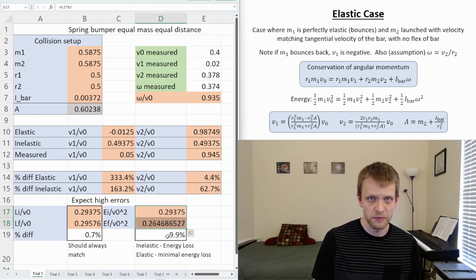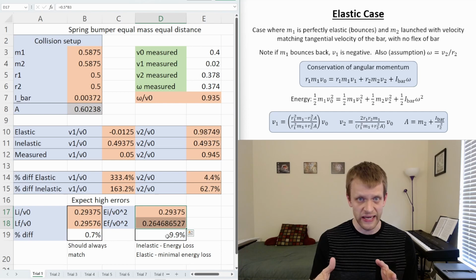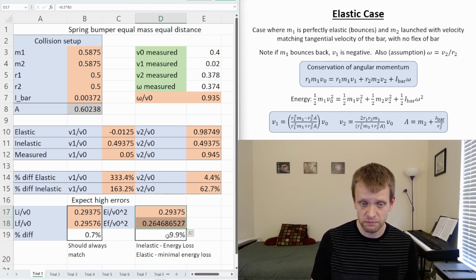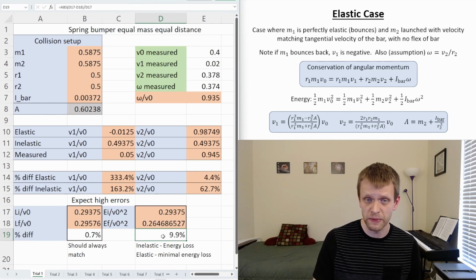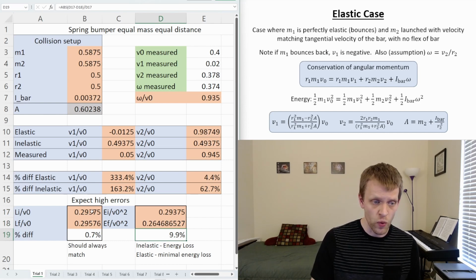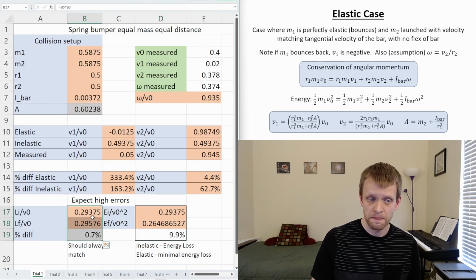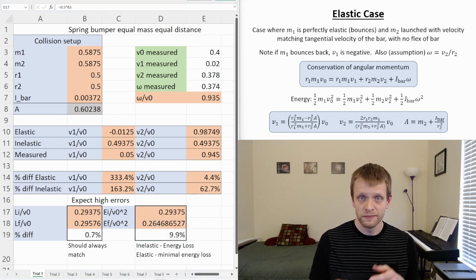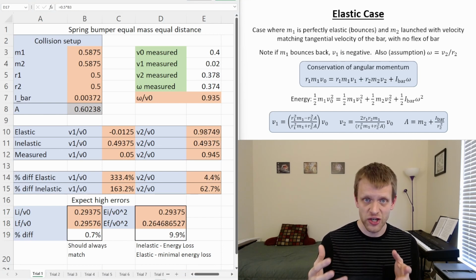Even with these springs, I'm expecting to lose 10, 20, maybe 25% of the energy. But that's kind of in the ballpark of what we're expecting. Okay. So in this first case, our angular momentum was conserved, and our kinetic energy for the spring bumpers was pretty much conserved.